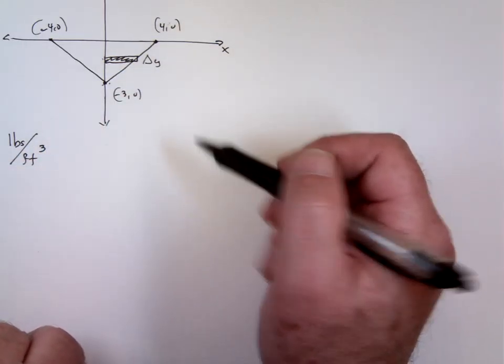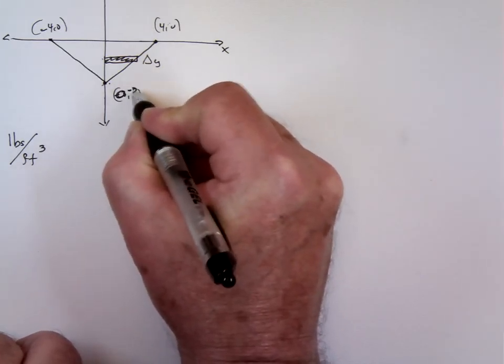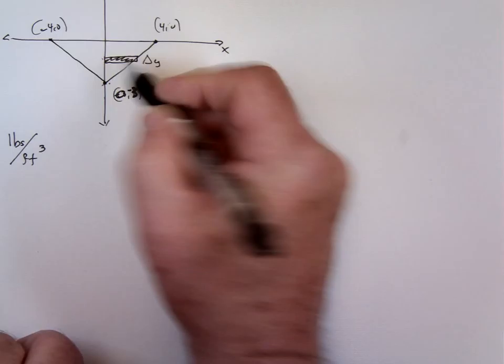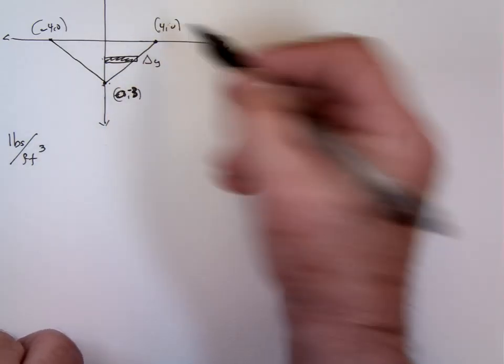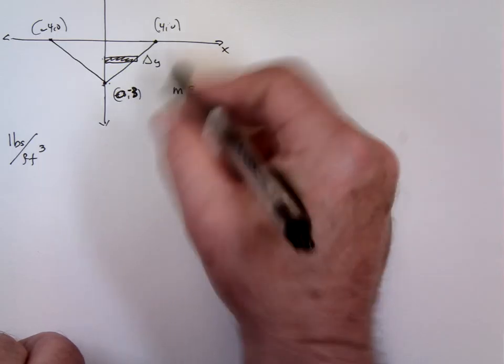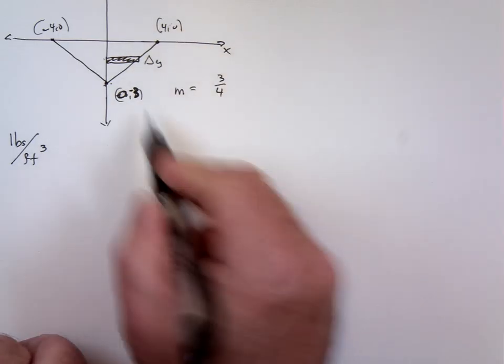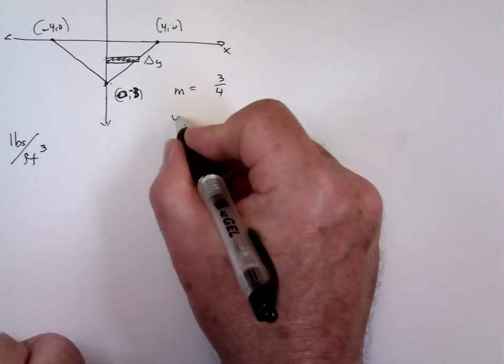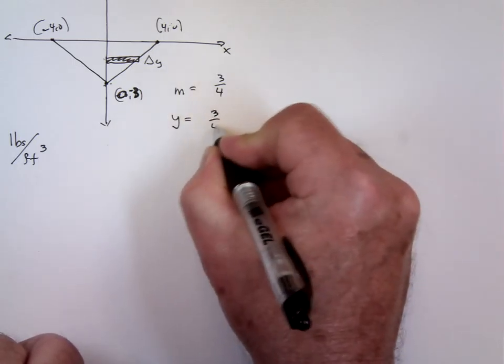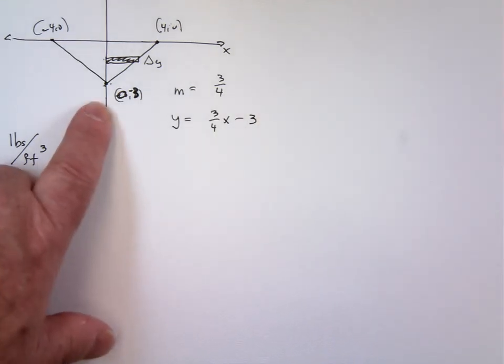This is 0, -3, and 4, 0. The slope of this line would be 3/4. The intercept is -3. So you get y equals 3/4 x minus 3. That's the equation of that line. We're going to need that.